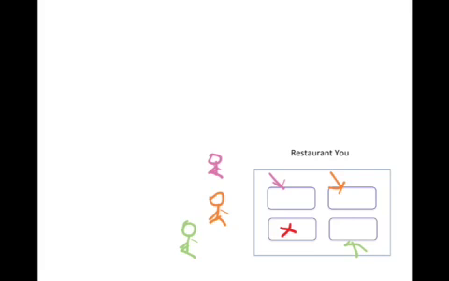There's a fourth person now who arrives, but you are not able to assign a table to them, even though there is a table available, because you have reserved it for a person. And the actual person who did the reservation might arrive a few minutes later, and when they arrive, they get the table without having to wait because they did a reservation.